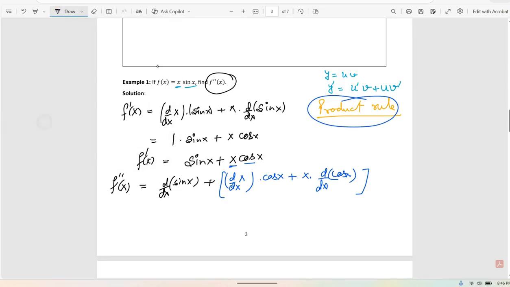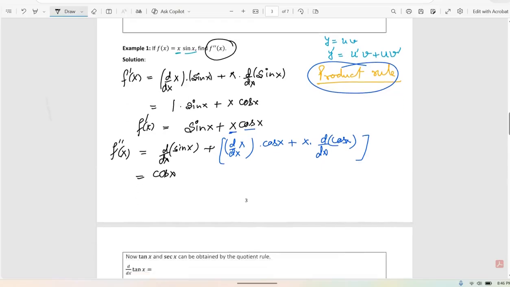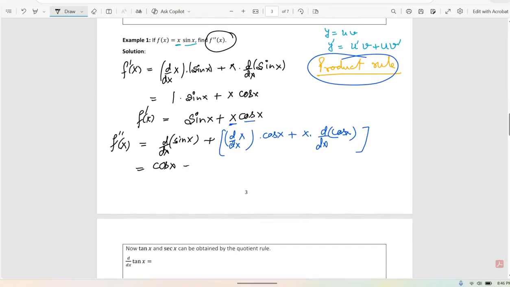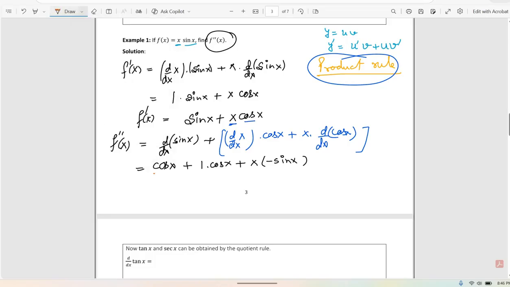Okay, let's open this up. Derivative of sine x is cosine x plus derivative of x is 1 times cosine x plus x times derivative of cosine is negative sine x. So here we have these two like terms.